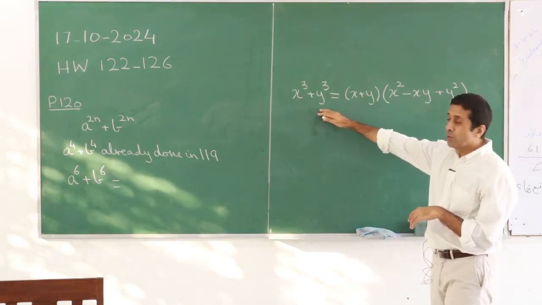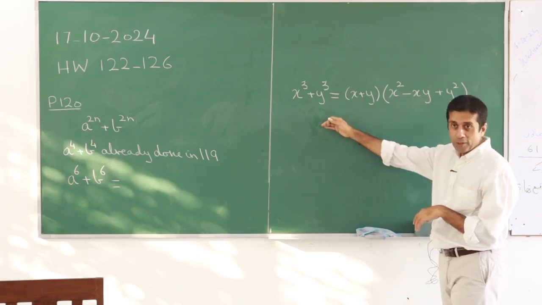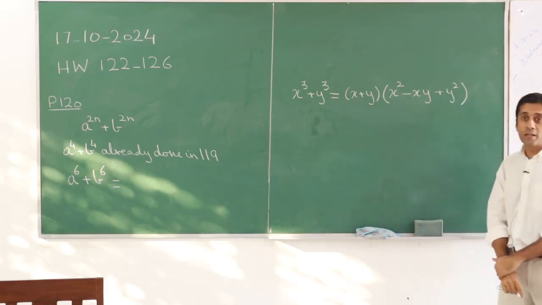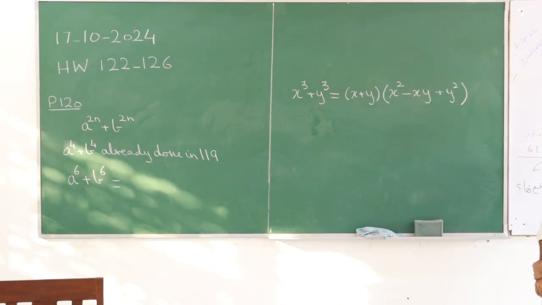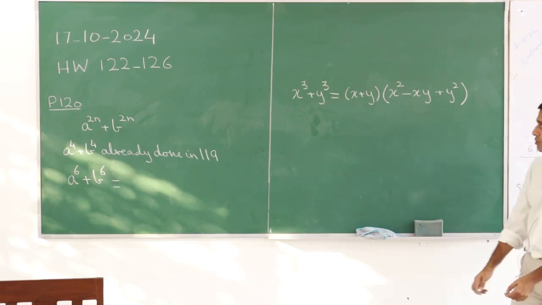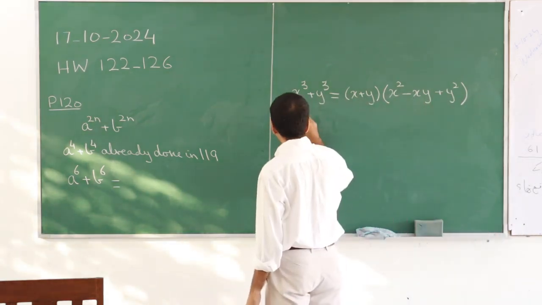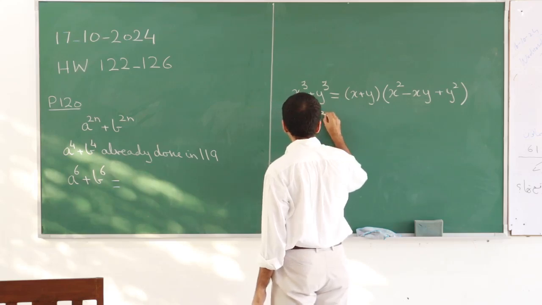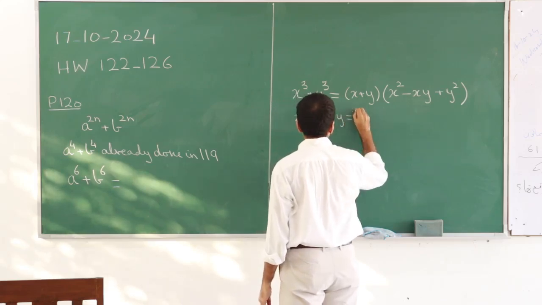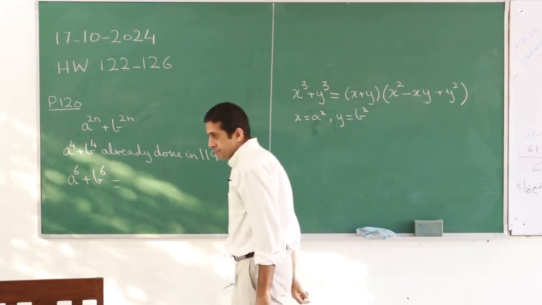So now everywhere in this factorization, if you replace x by a squared and y by b squared, you'd get the factorization of a to the 6th plus b to the 6th. Right? Is it clear? So just set x equal to a squared and y equal to b squared, and you are done.